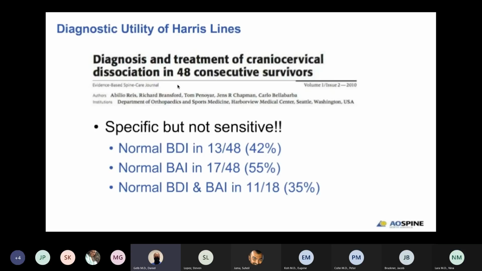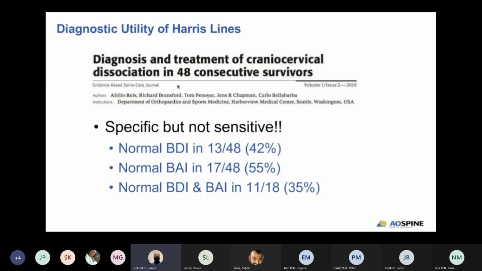I mean, if you have one or both of these measurements that are not normal, because this is the measurement I use most commonly, aside from the congruency of the occipital cervical joint on CT scan, right? So if you look at these people, one or both of these measurements are wrong, then you're going to say, okay, that's a possible occipital cervical injury. We're going to look at that more carefully, right? Mm-hmm.